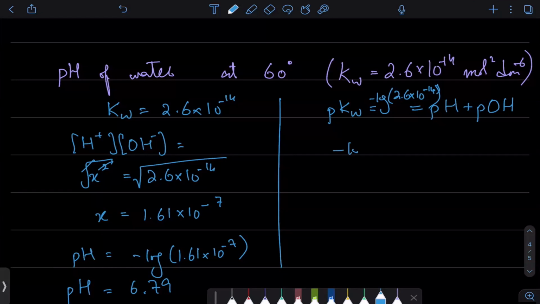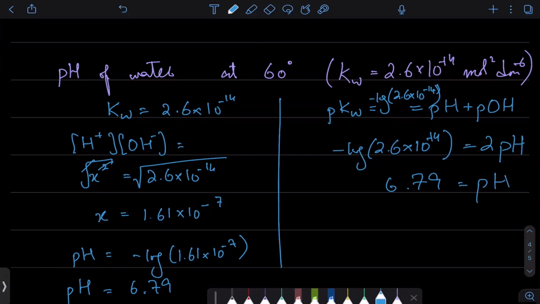That means minus log of 2.6 times 10 power minus 14 is simply going to be pH plus pOH, that is 2 times pH, because both are the same, so the same things are being added. So that's what you will do. And if you do it, your answer will be minus log of 2.6 times 10 power minus 14, which is 13.585 divided by 2. So that is again 6.79. And that's my pH. So you have two different ways of figuring out what Kw is.